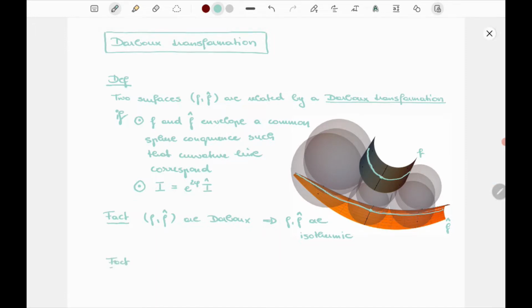Fact 2. If we start with an isothermic surface, so if f is an isothermic surface, then one can prove that there exists a 3+1 family of Darboux transformed surfaces of f.